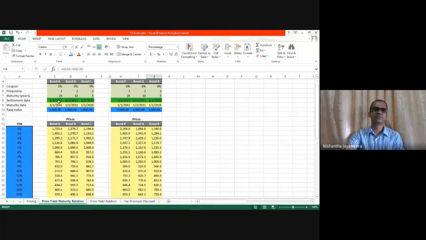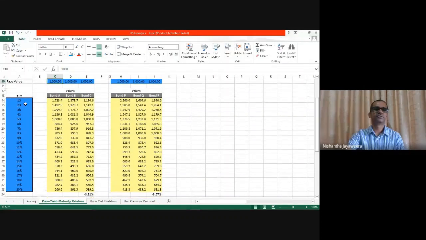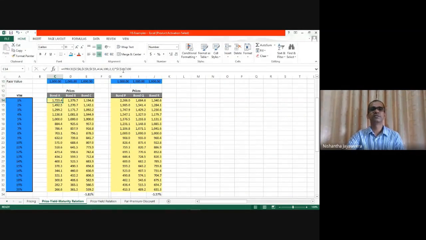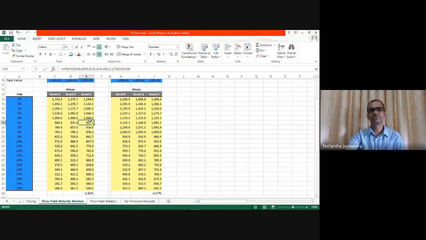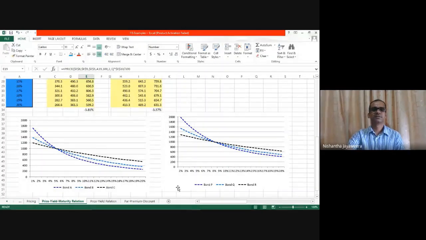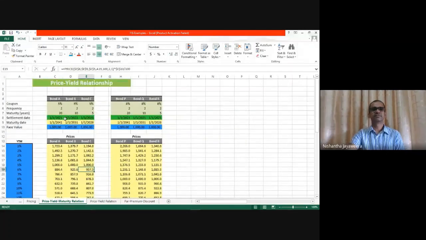For ease, use the settlement date as a coupon date itself. Then the face value, different yield to maturities, and you can use the price equation. Then plot it in a graph. And you can play around, change things.